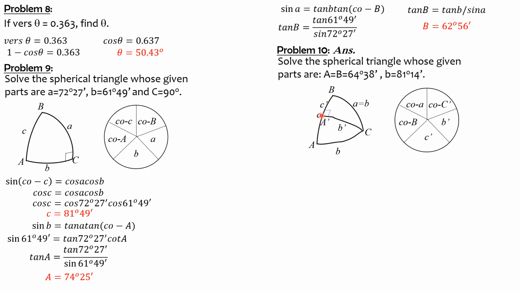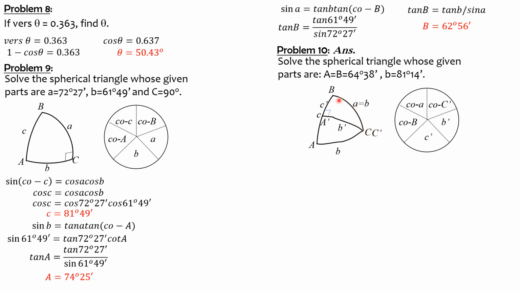By the way, side C of the original isosceles spherical triangle is double this value here. Remember the property of an isosceles triangle. So C is 2 times C prime after we solve for C prime. Then this angle here is also half of angle C. So I'll first mark it by C prime, and the measure of angle C is double that angle C prime.